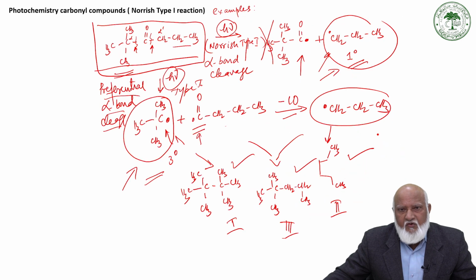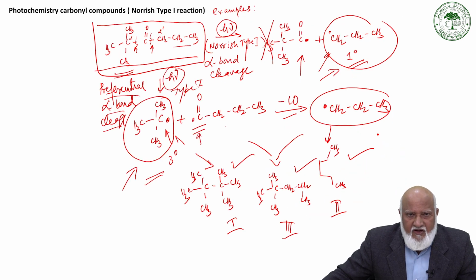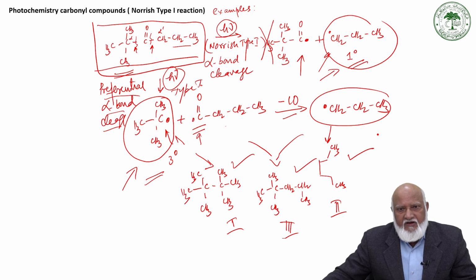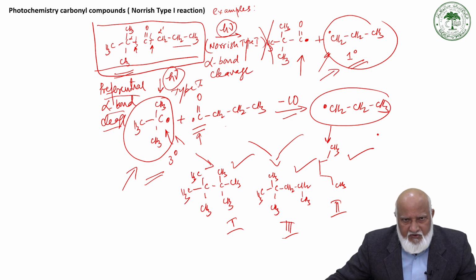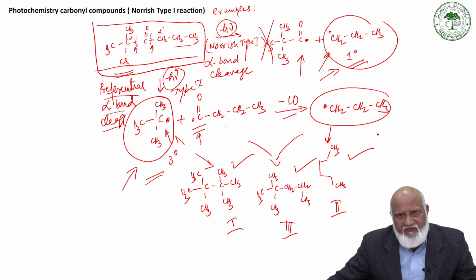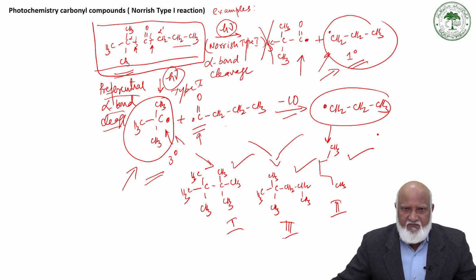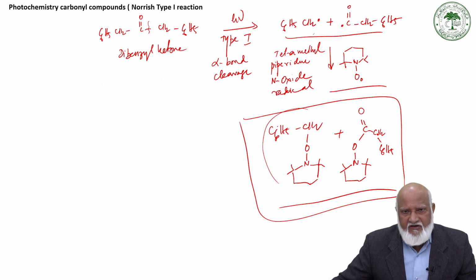So these are a few more examples in continuation with the Norrish type 1 reaction. Aliphatic ketones undergo Norrish type 1 reaction to give an acyl radical and a carbon center radical. If the alpha carbons are unsymmetrically substituted, then we should consider which cleavage is going to give the more stable carbon center radical. That alpha bond cleavage is preferred, followed by decarbonylation and then radical coupling.